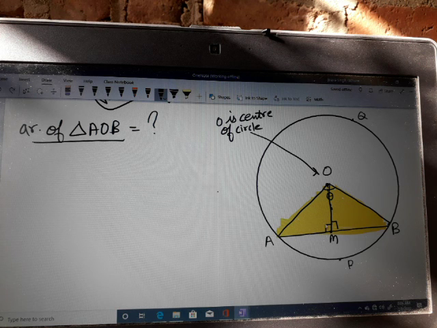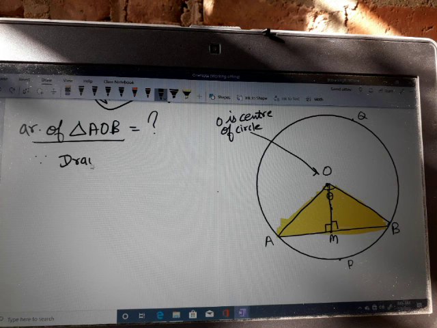Then I will consider these two triangles congruent. How will I show these two triangles congruent? First, draw, please note down, OM perpendicular to AB.